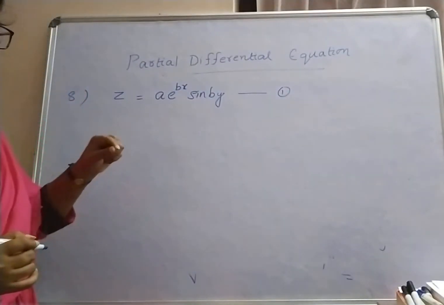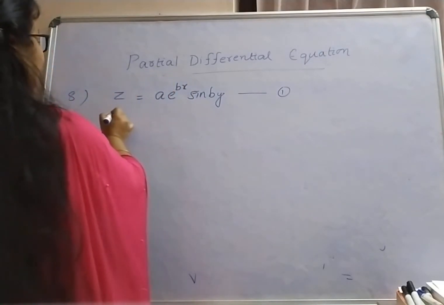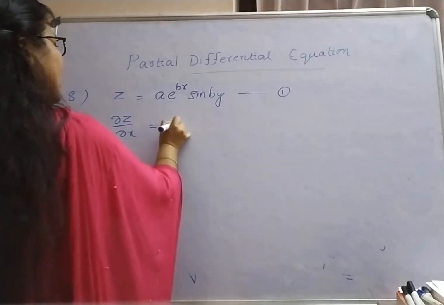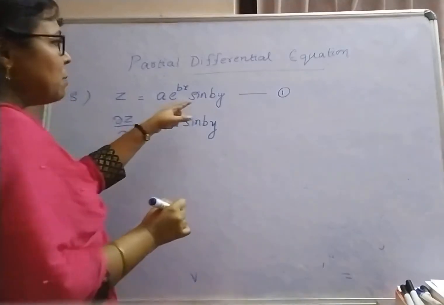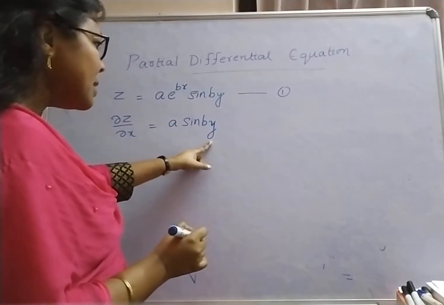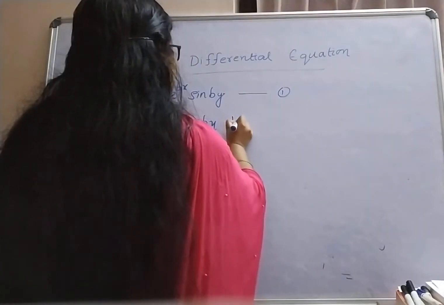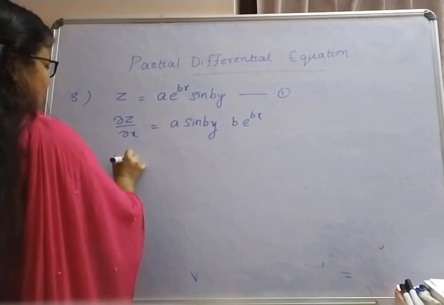First, partially differentiating equation number 1 with respect to x, we get dou z by dou x equal to a sin by, which is constant with respect to x, times the partial derivative of e raised to bx with respect to x, which is b e raised to bx. So dou z by dou x is p.